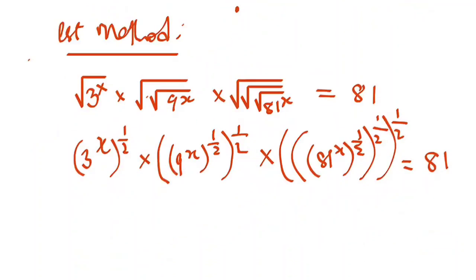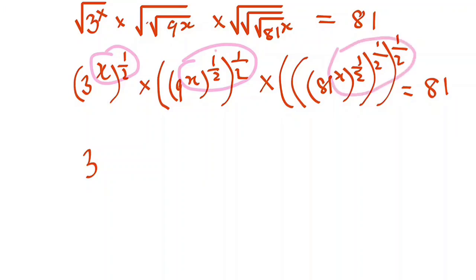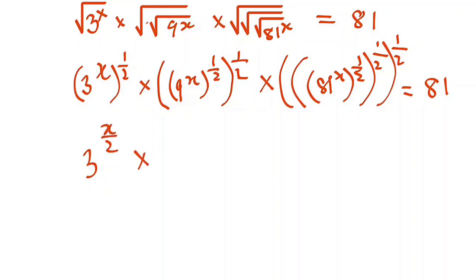Are you following? So the next thing we're going to do is that all of these exponents will multiply each other, because they are powers, from the law of indices. So we're going to have 3 to the power of x over 2, multiplied by 9 to the power of x over 2 times 2, that will give us 4, that is 1 over 2 times 1 over 2.